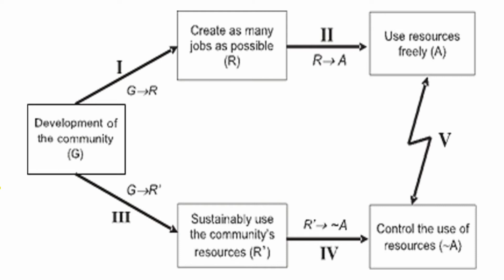Now, similarly, reading from right to left also makes sense. So let's read from right to left and see what that gives us. From the right, you can see where you have A. If we use resources freely, then we will create as many jobs as possible. And if we create as many jobs as possible, then we will have development of the community.